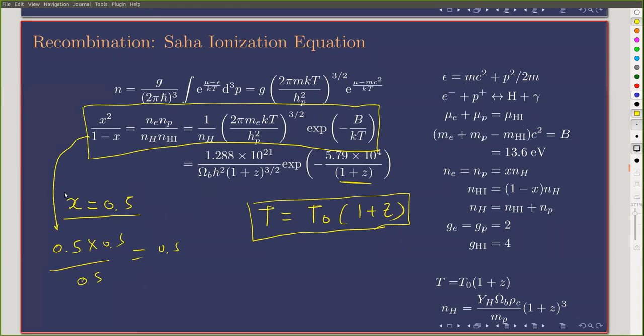So for that we take x equals 0.5, which is when the reionization has reached halfway, and so this factor is equal to 0.5. Then, instead of writing nh separately and t separately, you can write everything as a function of redshift, and you get two redshift factors. So now this equation is very specific to the expanding universe, and we are going to calculate that for the midpoint of reionization. That's what I'm doing here. Is that okay?